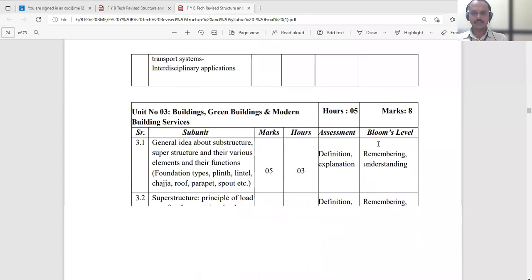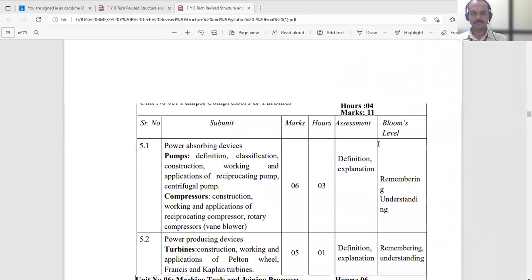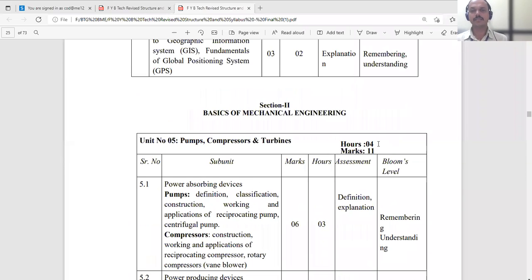So in the last lecture, we completed the first chapter, that is pumps, compressor, and the turbine, in which we are going to study machinery. Mainly 3 machineries are there. First one is the pump.